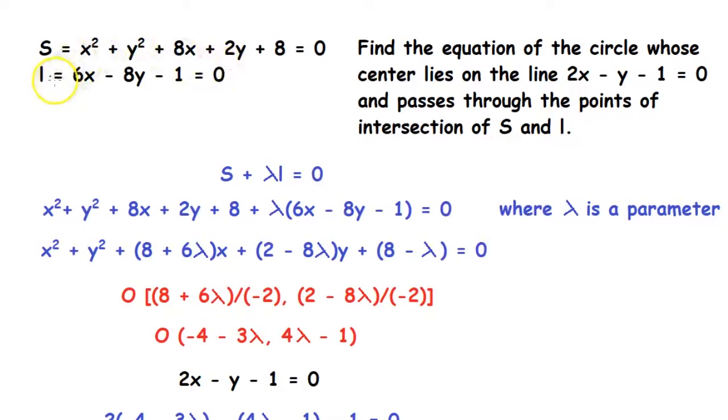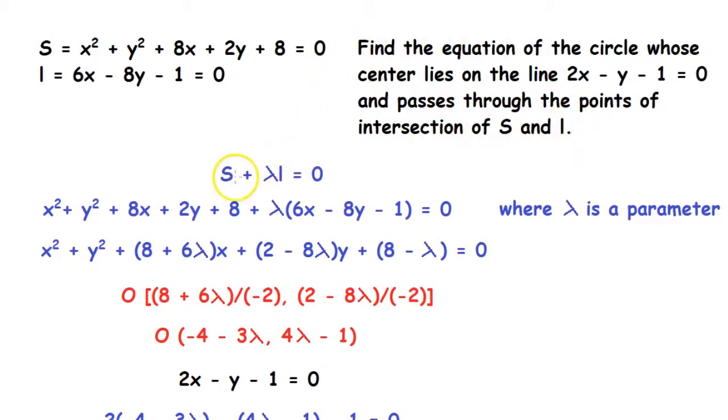We are told that this straight line intersects this circle S, and we are asked to find the equation of the circle whose center lies on the line 2x minus y minus 1 equals 0 and passes through the points of intersection of S and L. Here we can understand that the circle they have asked us to find belongs to the family of circles, because it is mentioned that the circle passes through the points of intersection of S and L.